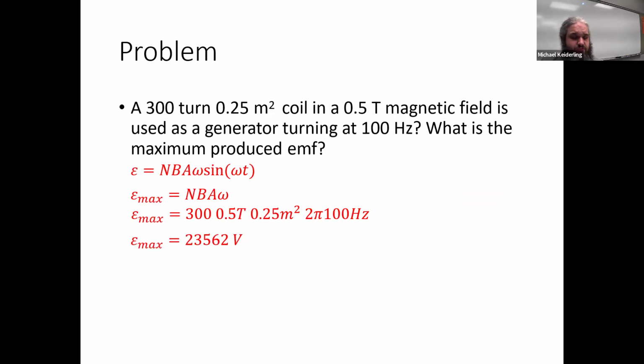And the root mean square of that would be 16,660 volts, something like that.